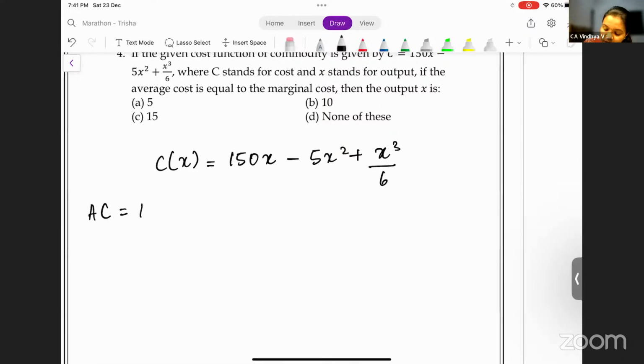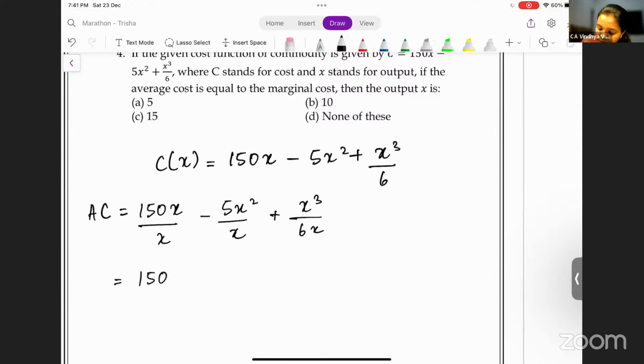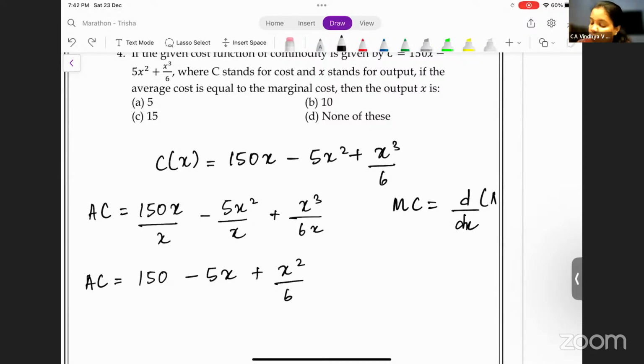So it is 150x by x minus 5x square by x plus x cubed by 6x, because every term should be divided by x. So you get 150 minus 5x plus x square by 6. This is your average cost. What is marginal cost? Marginal cost is d by dx of cost function.